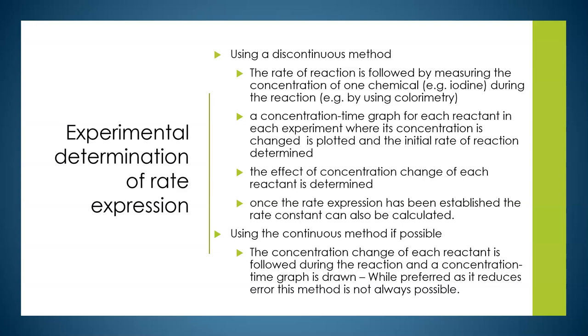We can't always, like with the iodine clock reaction or with the sulfur precipitation reactions, we need to test concentrations independently. We aren't able to continuously change the concentration over a particular period of time and still get the data. So while continuous is desirable, it's not always possible.